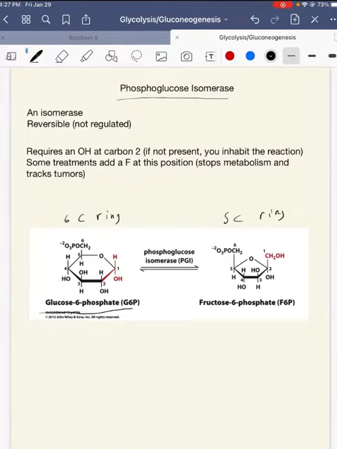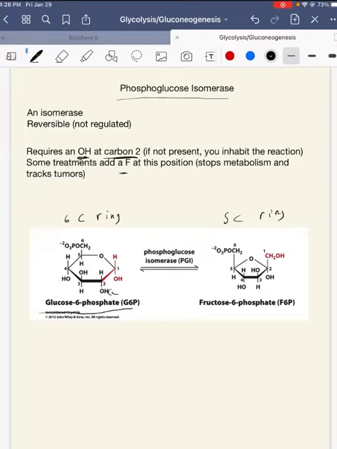Something special about this enzyme is it requires an OH at carbon number 2, right here. If this OH is not present, glycolysis will not run. This reaction won't happen. So a lot of times, researchers, or treatments for cancer, add a fluorine instead of the OH at carbon 2.